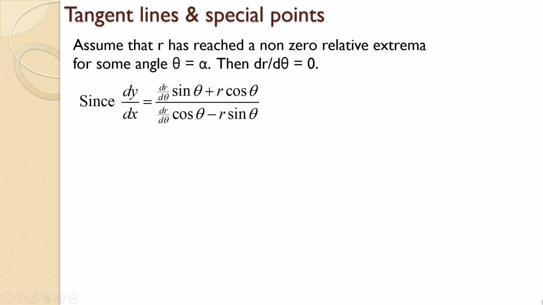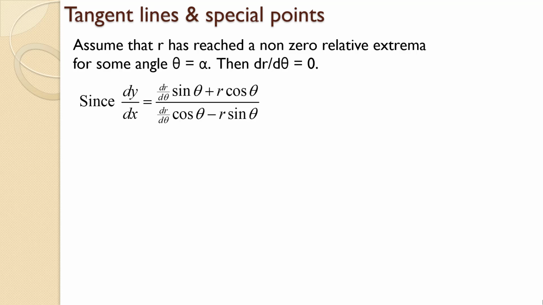Just doing that again, if this time we assume that the radius has reached a non-zero relative extrema, max, min, for some angle theta equals alpha, that would then mean that the derivative of the radius in terms of the angle would be 0, assuming that the derivative of course exists.